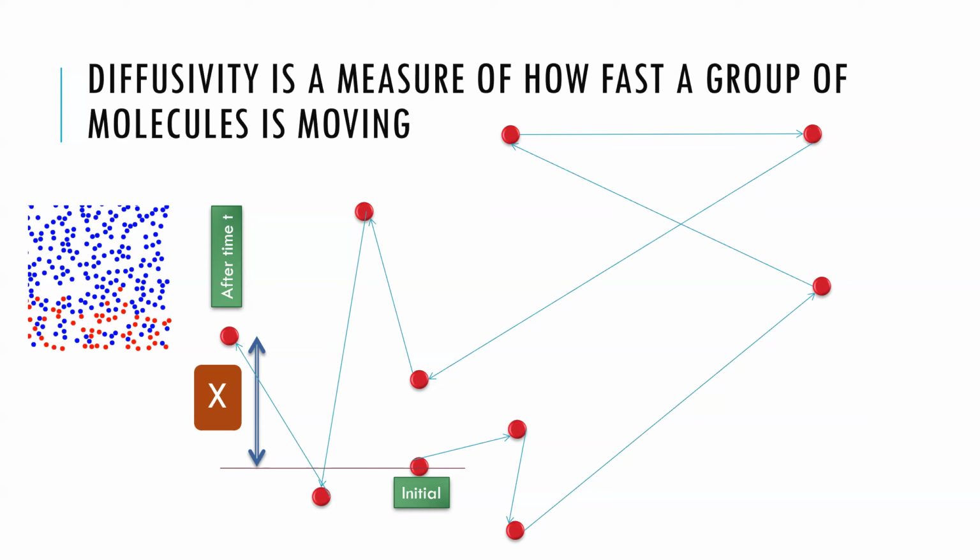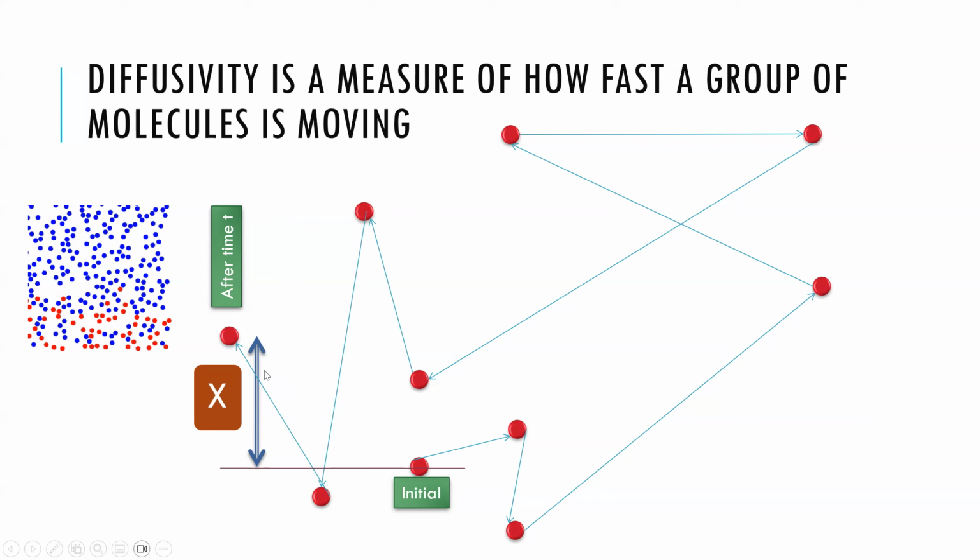How do we really understand what this diffusivity means physically? This diffusivity is a measure of how fast a group of molecules is moving. Not one molecule, but averaged over a group.